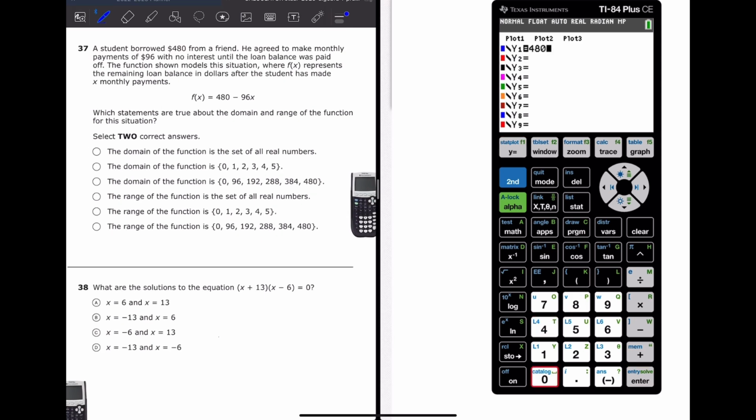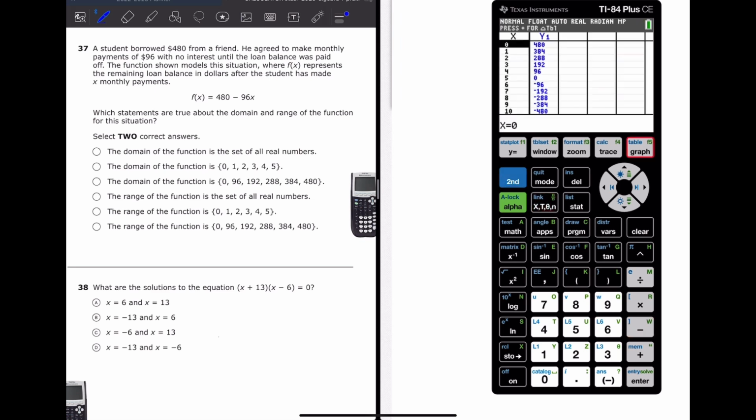On this one, you're going to go to y equals. Under y1, type in what is given, and you're going to check the table.